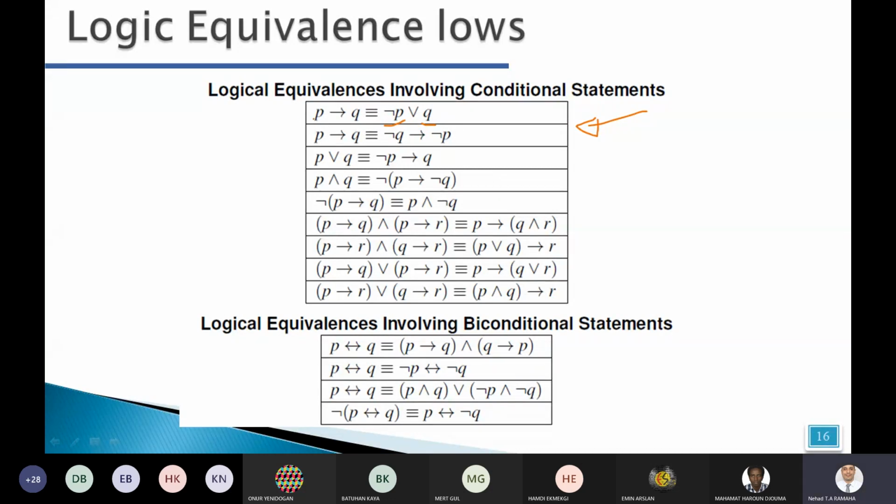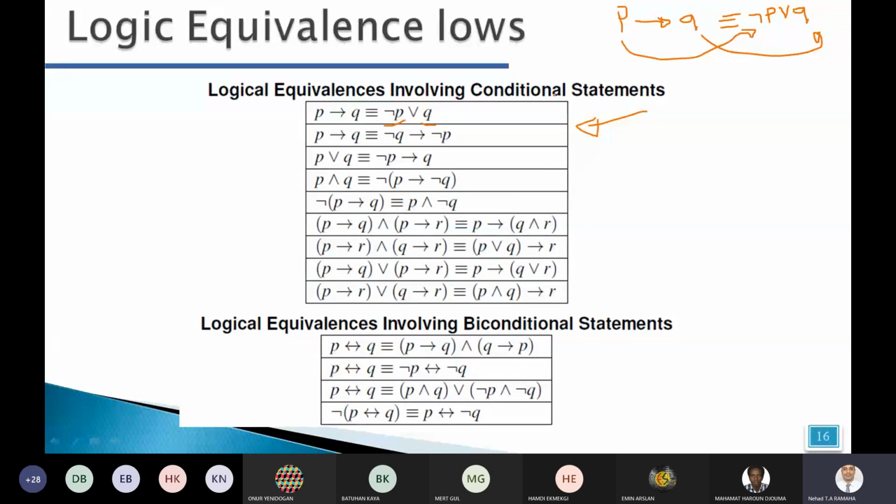If you have P implies Q, it's equivalent to not P or Q. Okay, it's good.